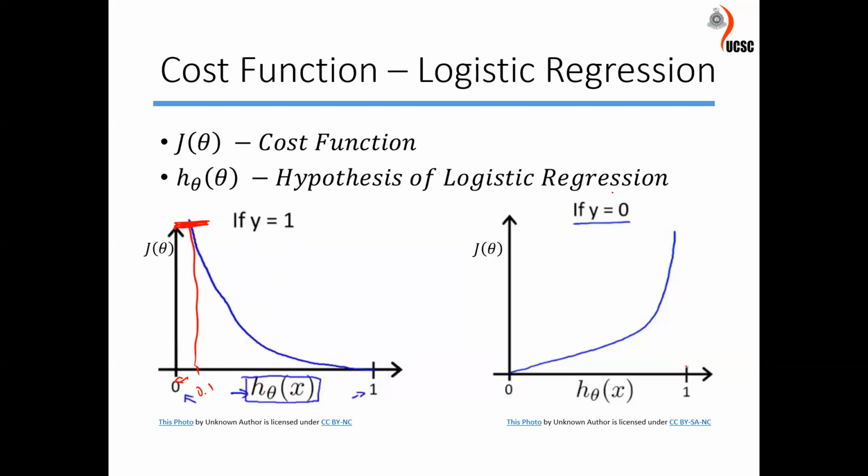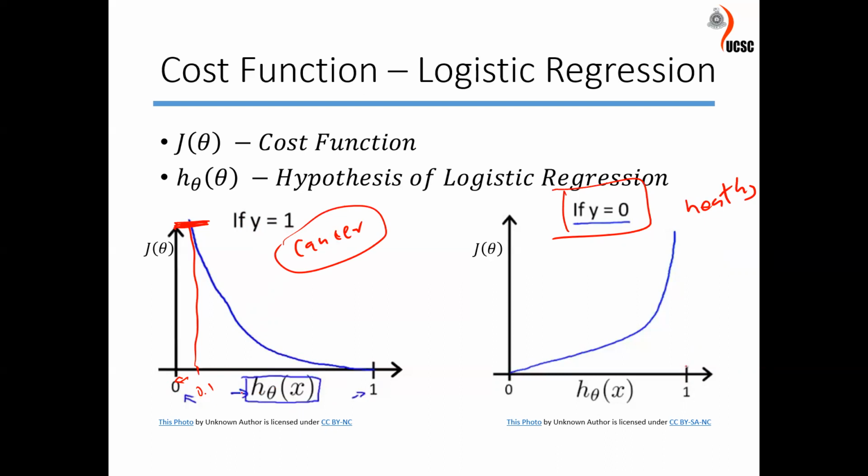Then y equals 0 means the actual class. So suppose this is a cancer cell and this is a healthy cell. In our data set, it's labeled as the cancer cell, but our hypothesis gives something near 0.1.